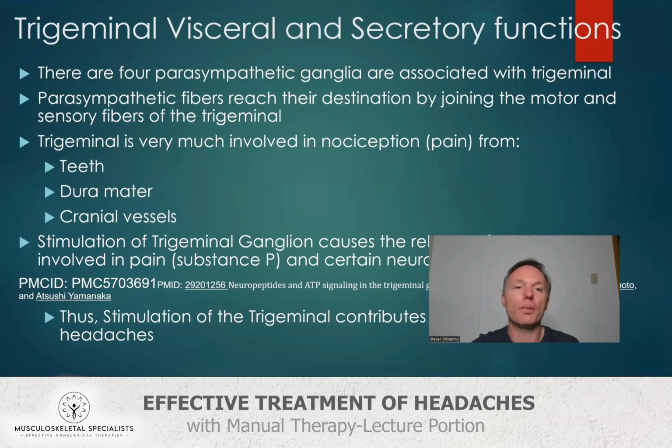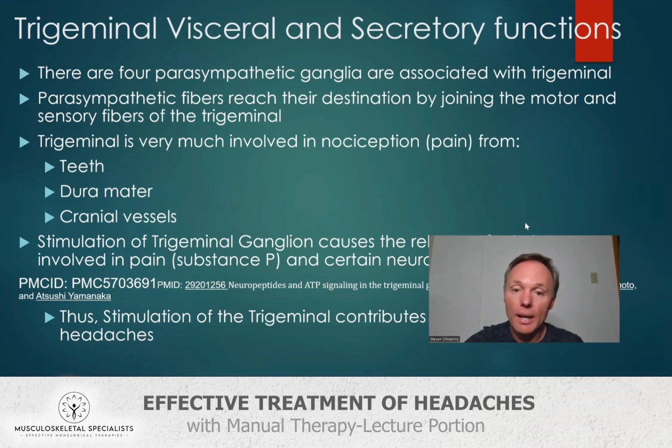So just go with it for now, okay? Parasympathetic fibers reach their destination by joining the motor and sensory fibers of the trigeminal. The trigeminal is involved in pain reception from the teeth, the dura, and the cranial vessels. All the stuff that we're going to look at in the first class. That's why we're doing this first.